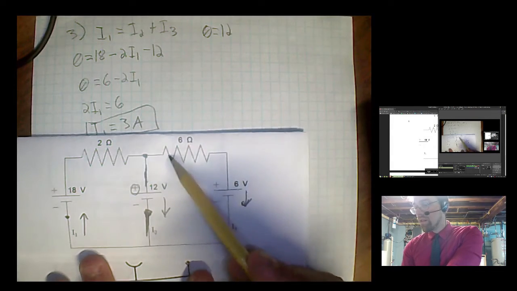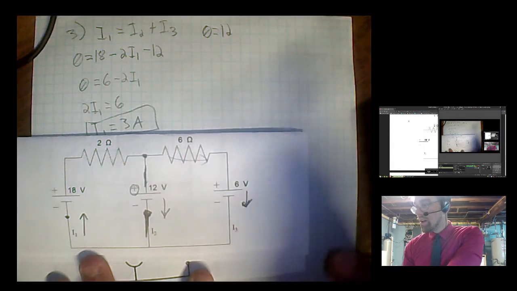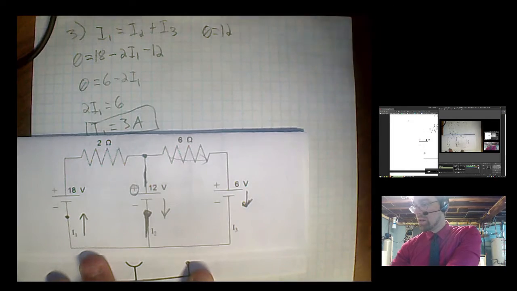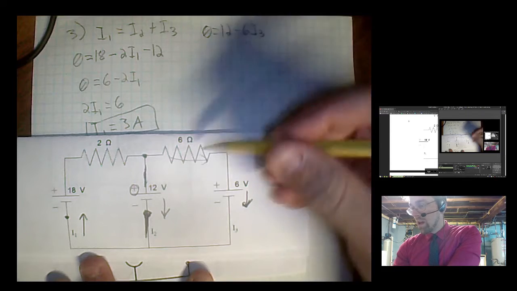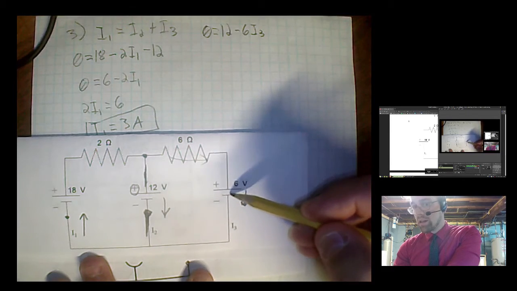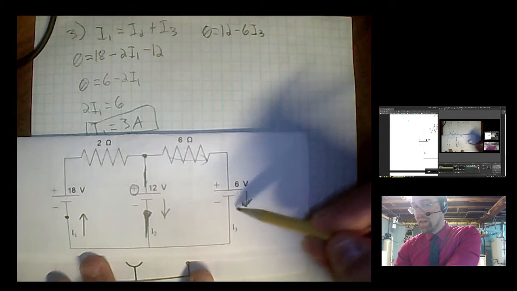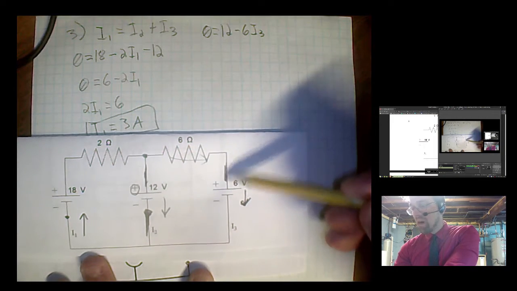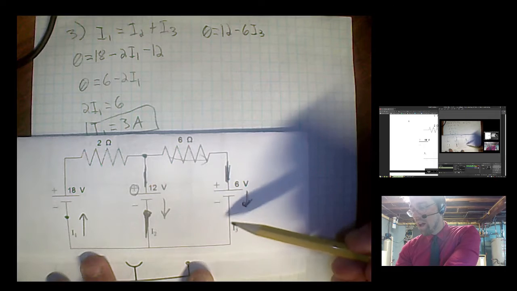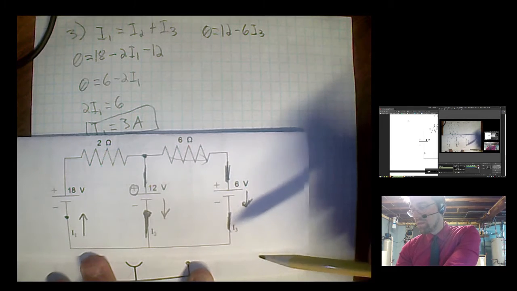Hey, this resistor, we're traveling with I3, so that's a drop. Minus 6 ohms, I3. It doesn't matter that I'm going with the current here. That's resistor logic. Now I'm talking about a battery. This wire ought to be 6 volts higher than this one because I'm going across that way.